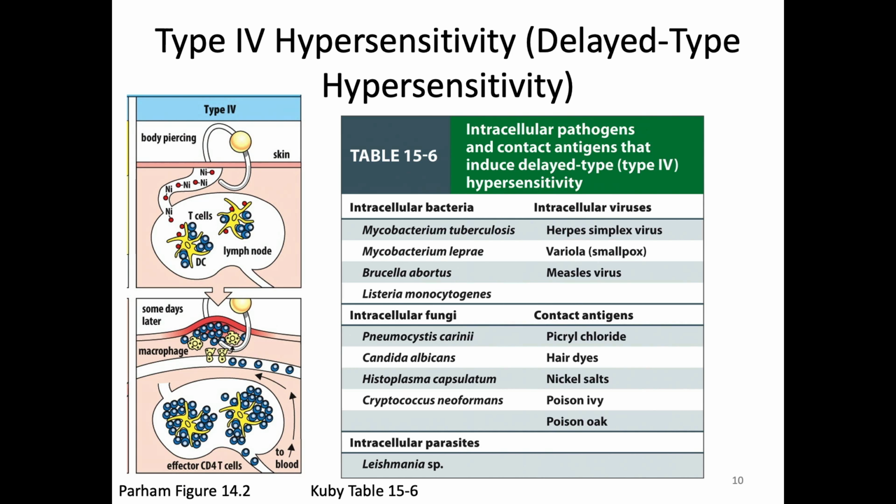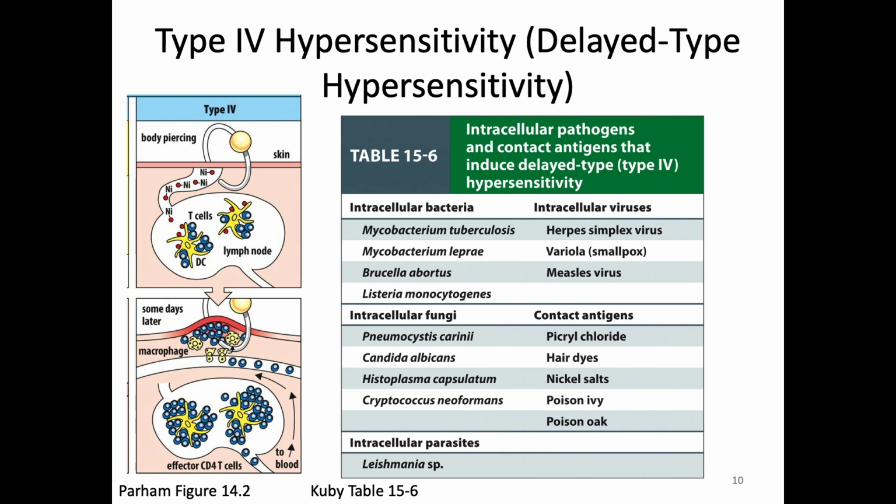You can also notice that on the right, you can see some of the antigens that are associated with type 4 hypersensitivity responses. There are a number of different microbes here, but the ones that most people think about when they think about type 4 hypersensitivity are, well, I'm going to mention some things about Mycobacterium tuberculosis, so we'll come to that.